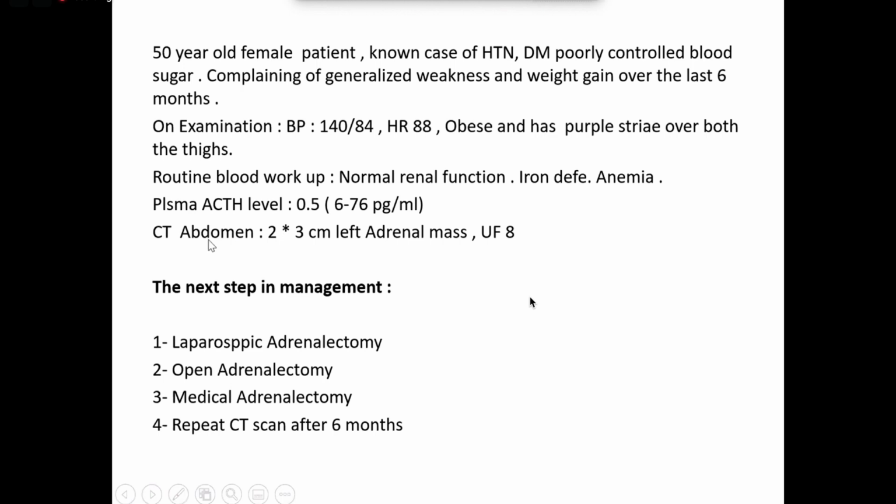So we ordered a CT scan for the patient, and the result came as a 2 by 3 centimeter left adrenal mass. The Hounsfield is 8. What is the next step in the management?